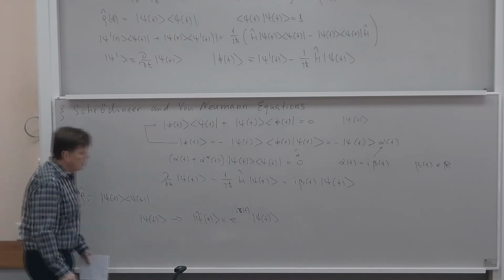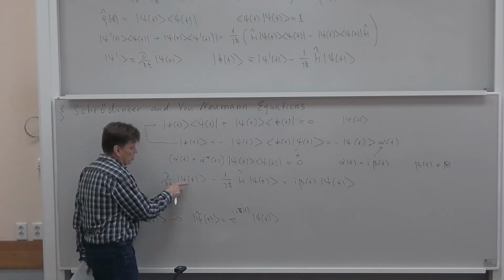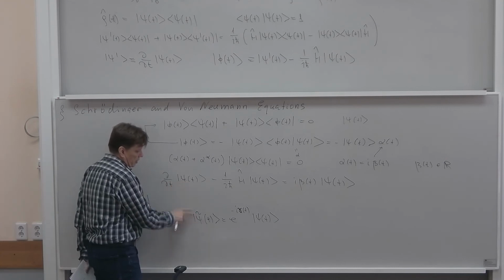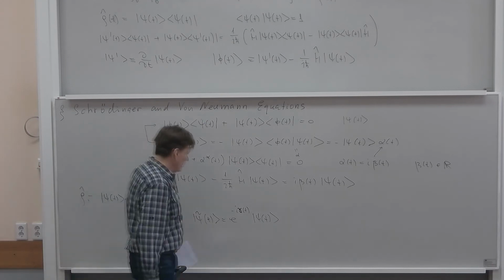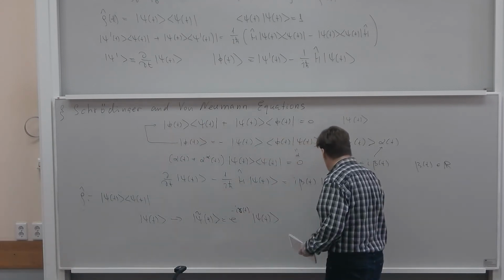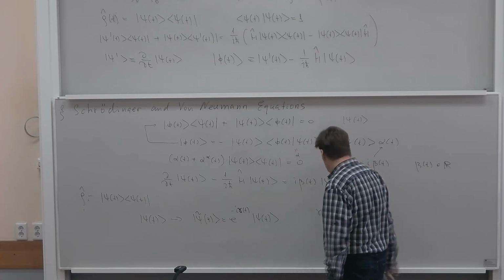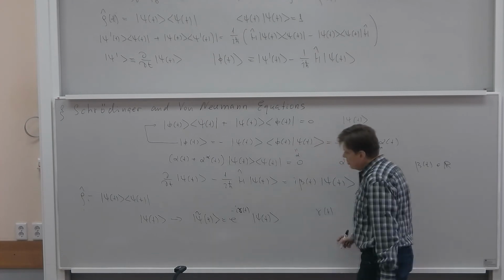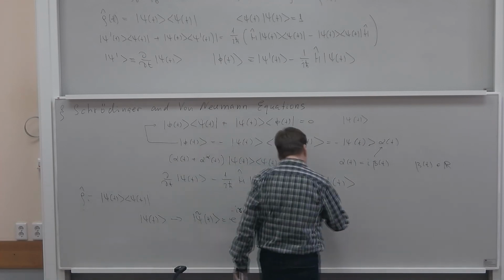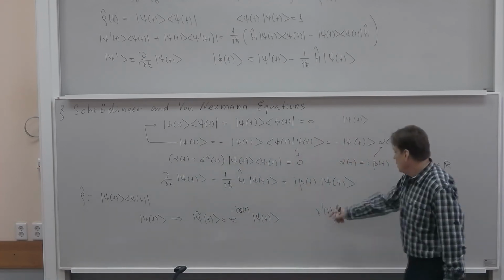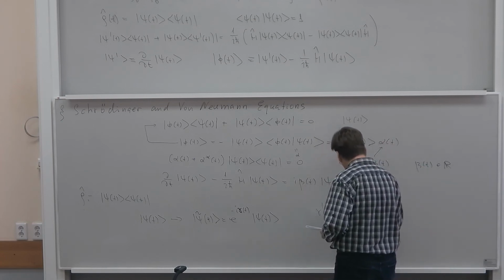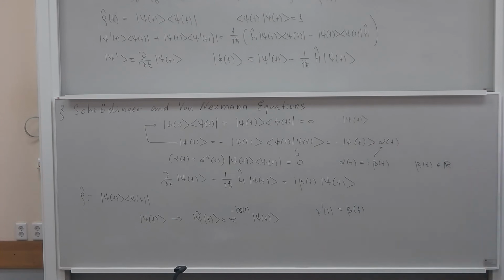So let me replace in this equation vector psi by vector psi tilde, with the phase factor gamma of t given by the antiderivative of the function beta, that is gamma prime is equal to beta of t.